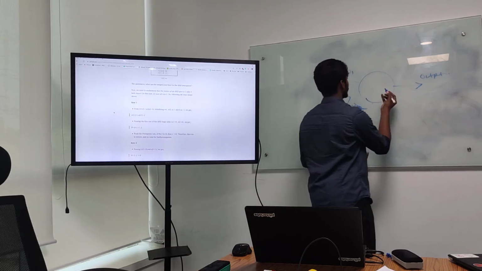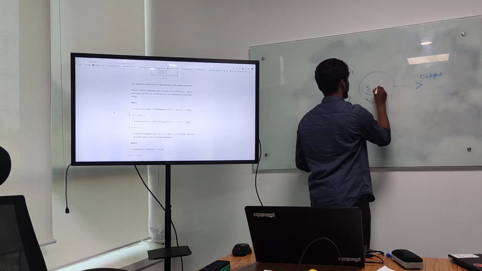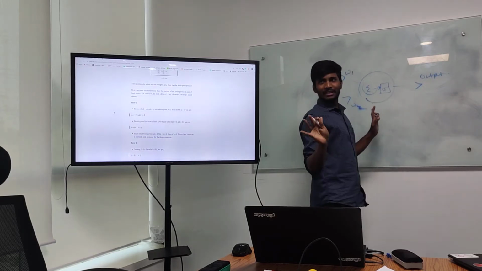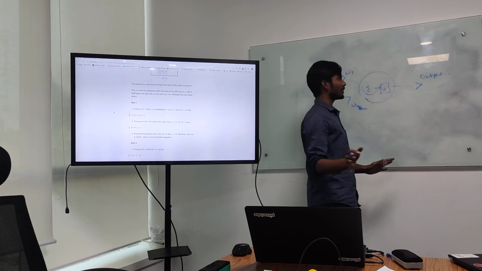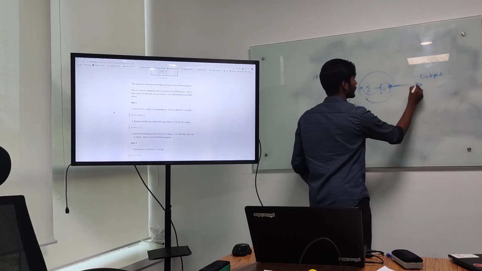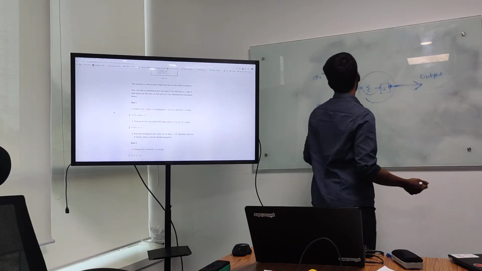You guys know, here summation happens, then it is passed to an activation function, right? They're only fancy names. They're nothing but simple functions that you guys have already seen. And you get an output.